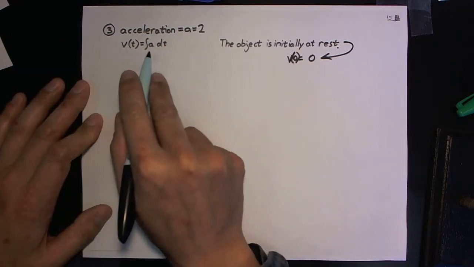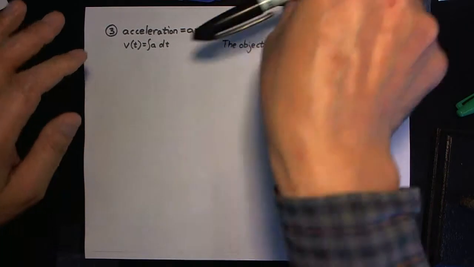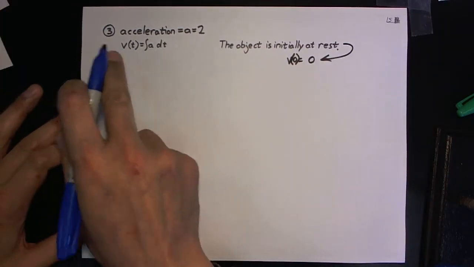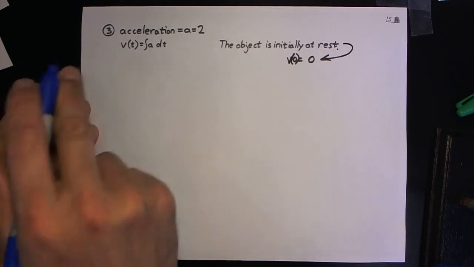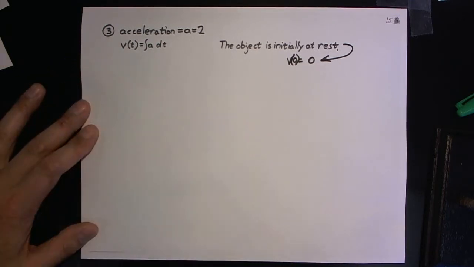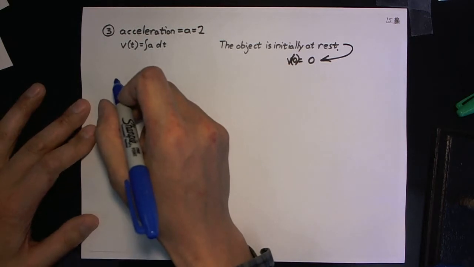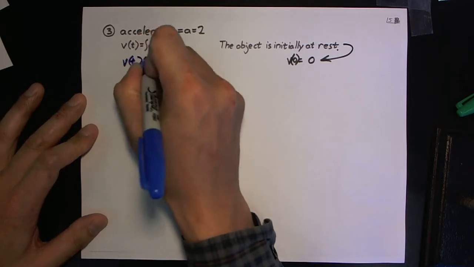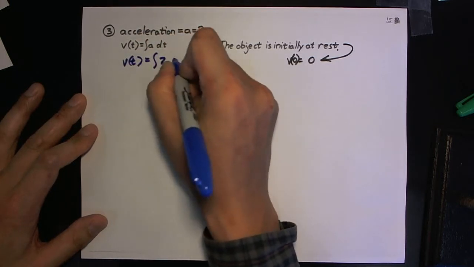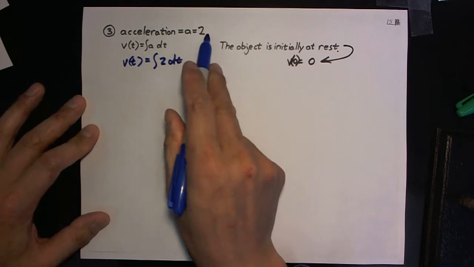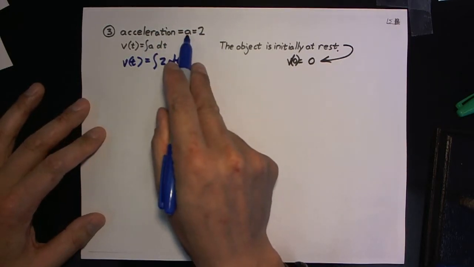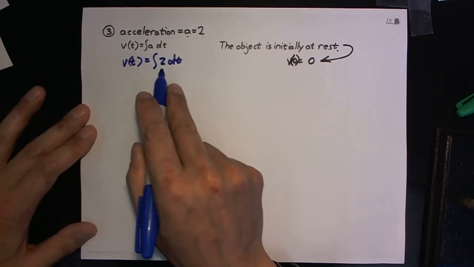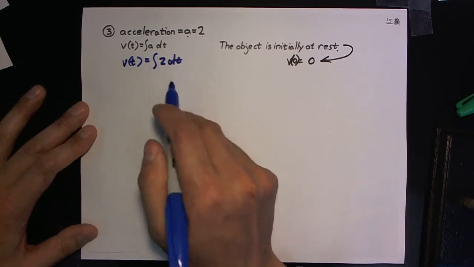Alright, so v of t is equal to the integral of a with respect to t, and so let's go ahead and do step 1 of our problem-solving process, which is to take the indefinite integral and get a general solution. A is equal to 2, so that means wherever we see an a, we can put in a 2.